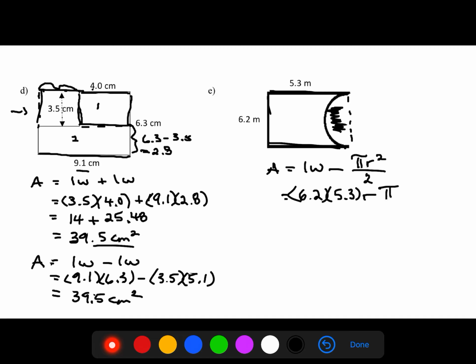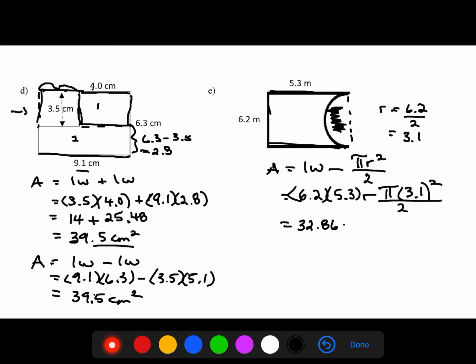So we're going to start with 6.2 times 5.3, and we're going to sub in here pi. Now our radius is going to be half of the 6.2 that goes all the way across there. So our radius is 3.1. We're going to square that, and we're also going to divide that by 2 to get half of the circle.